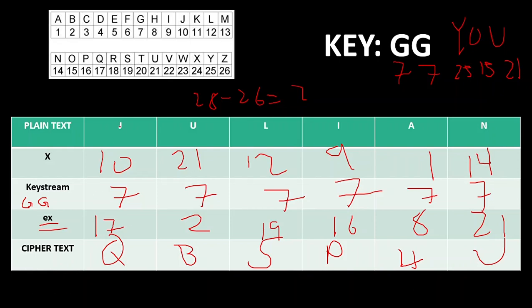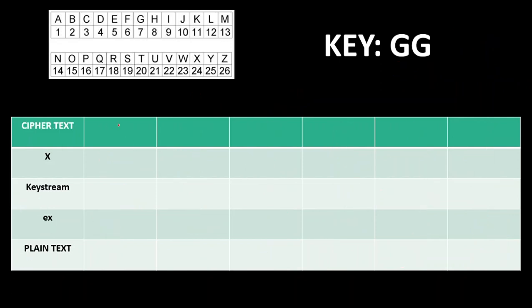And now we're going to do the inverse. Okay, let's imagine we don't know the plain text, but the only thing we have is QBSPHU. We don't know the plain text, but we know this.